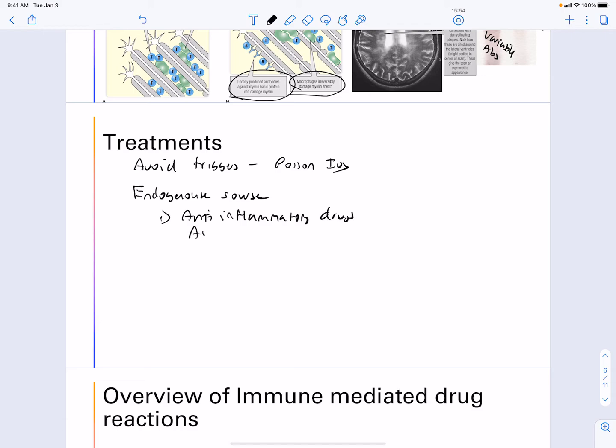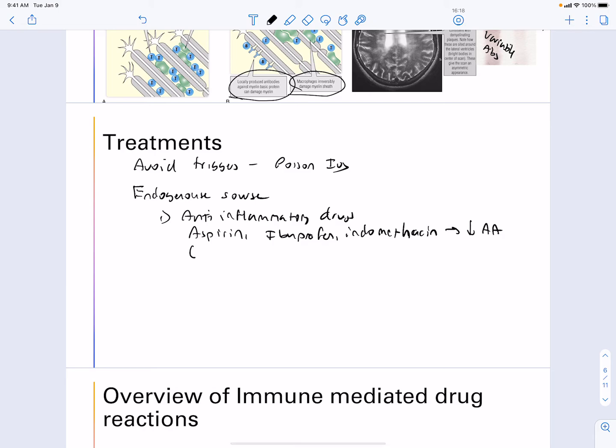You can use aspirin, ibuprofen, indomethacin, and these are going to all decrease arachidonic acid metabolites.